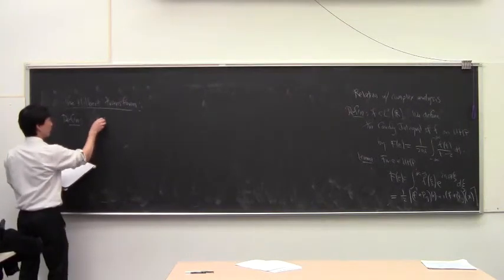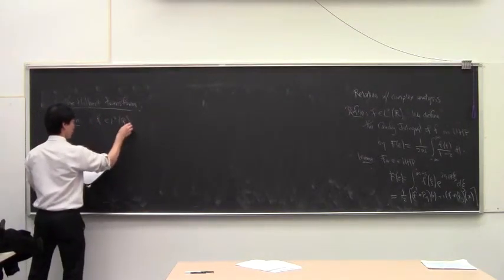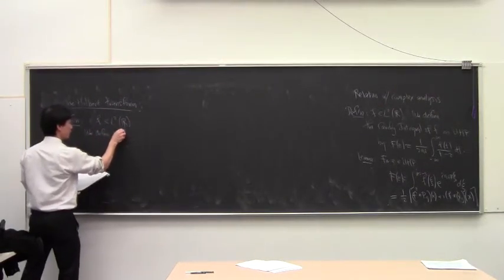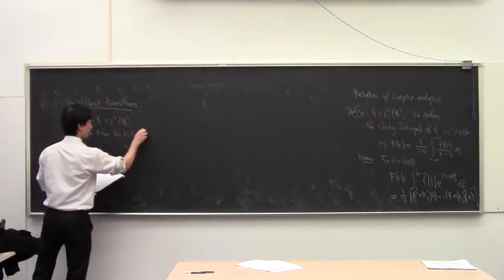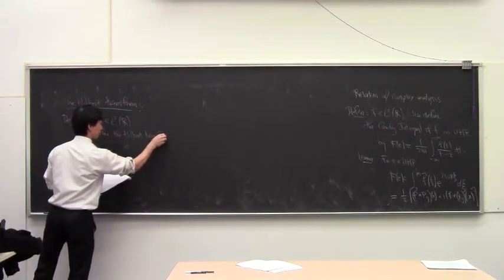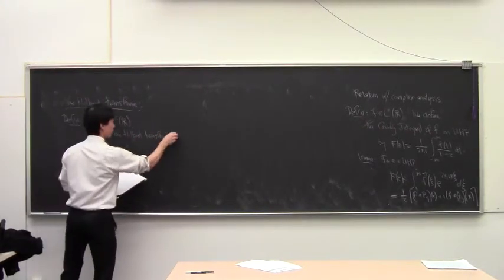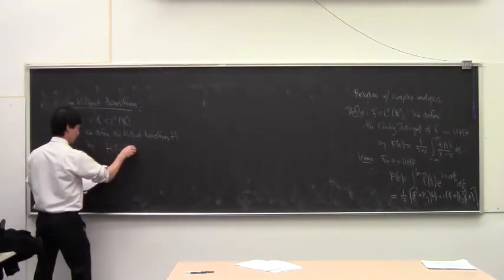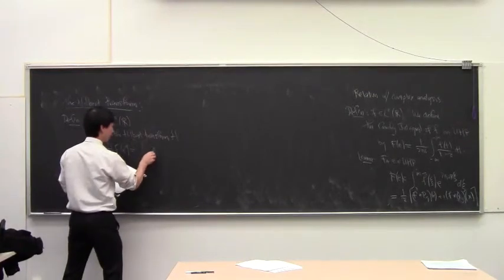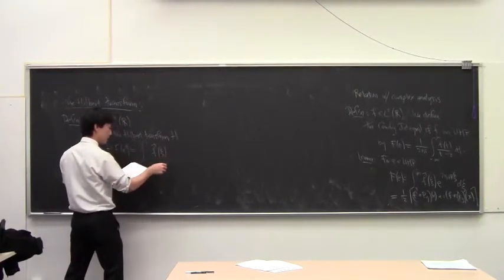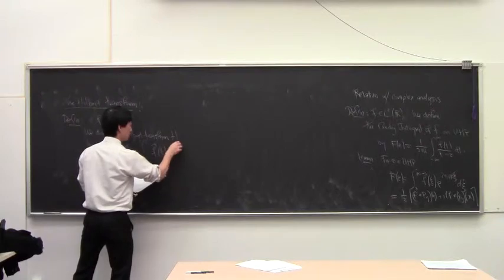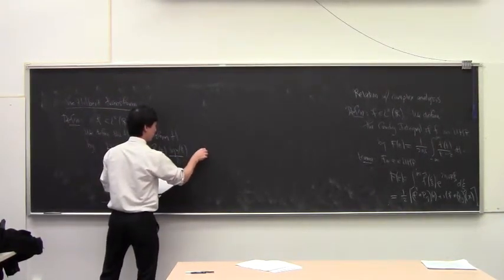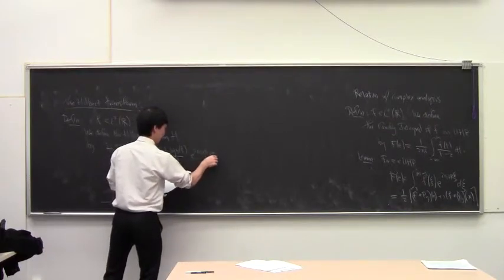For f in L2, we define the Hilbert transform H by Hf(x) is the integral of the Fourier transform of f times the sine over i, e to the 2 pi i ξ x, dξ.